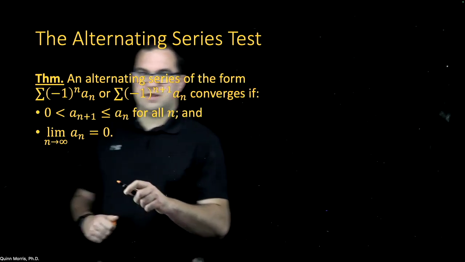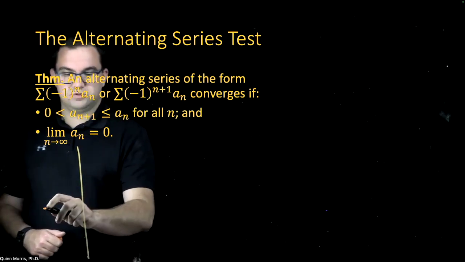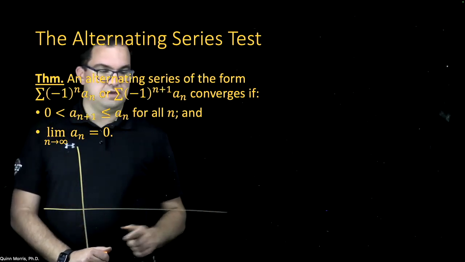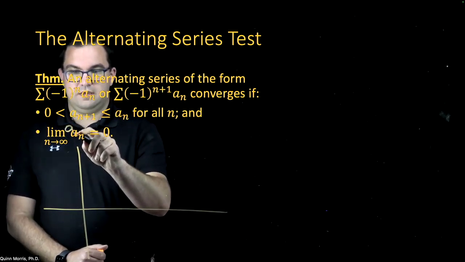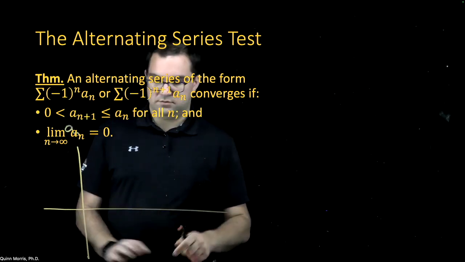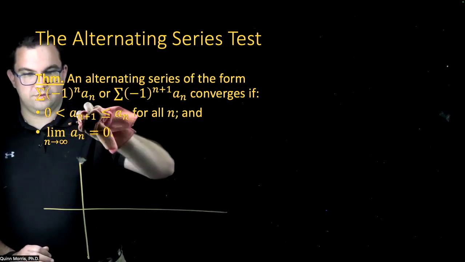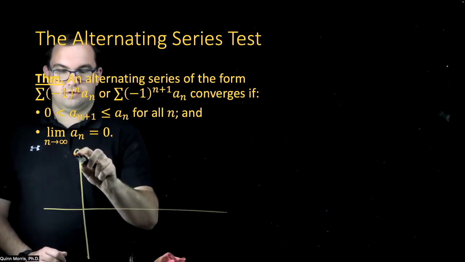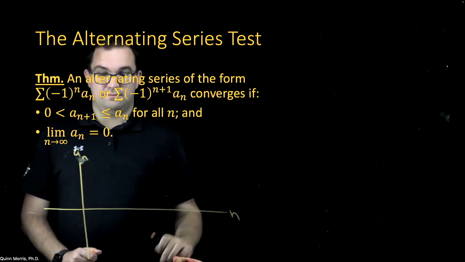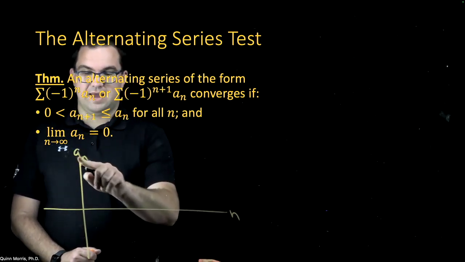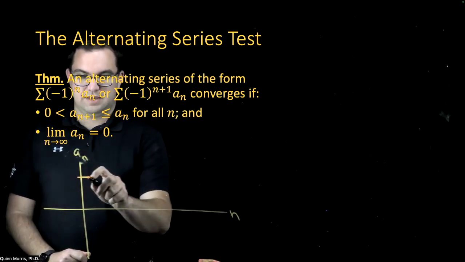Now, to roughly understand why that's true, we can think about a plot of the terms. On this axis, I'm plotting the a_n's against the n's. They're alternating, and let's assume we're in the case where the first one is positive. If the first one's negative, the argument is essentially the same.